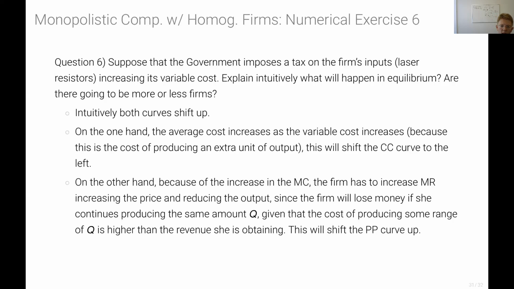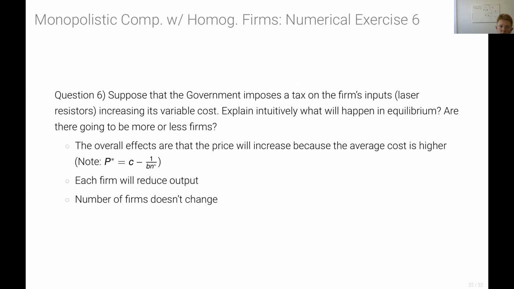On the other hand, because of the increase in marginal cost, the firm has to increase marginal revenue by increasing its price and reducing its output, since the firm is going to lose money if it continues producing the same quantity, given that the cost of producing some range of quantity is going to be higher than the revenue the firm is obtaining. And so this is going to shift the PP curve up. Again, these two effects are going to cancel out, and the number of firms isn't going to change.